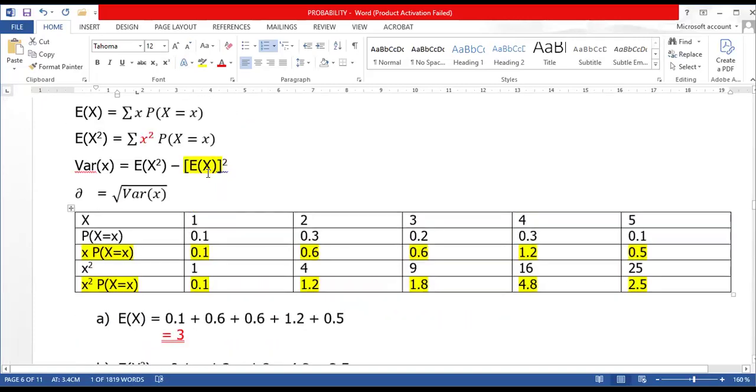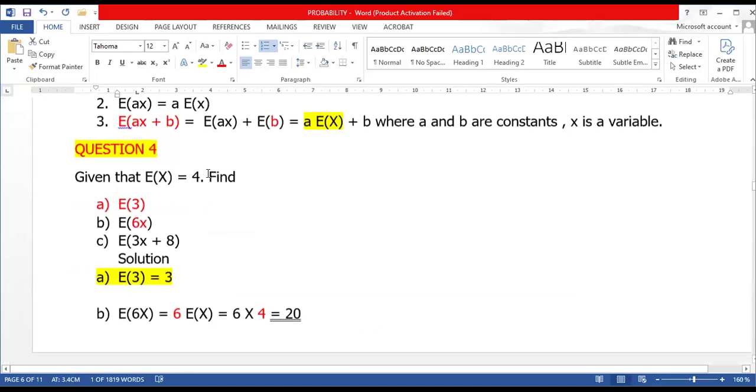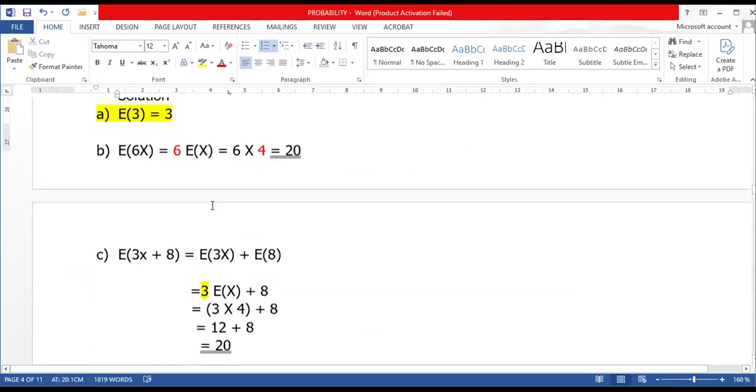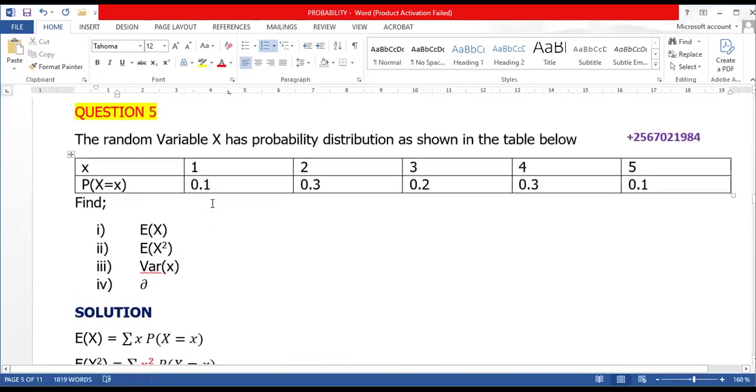You note the difference from the mean. With the expectation, you put the constant outside, don't square it, then times the expectation of x. So when dealing with variance, you put the constant outside, square it, then times the variance of x.